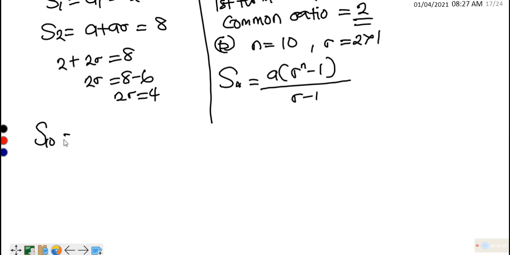S10 equals A, which is 2, into 2 raised to power 10 minus 1 all over 2 minus 1.